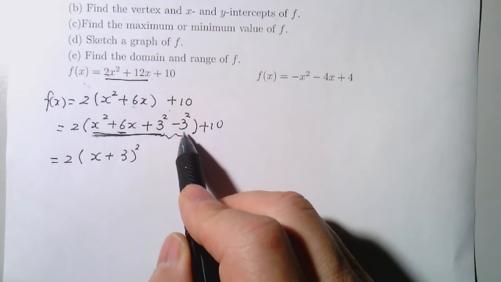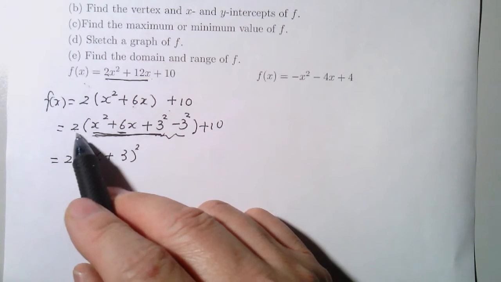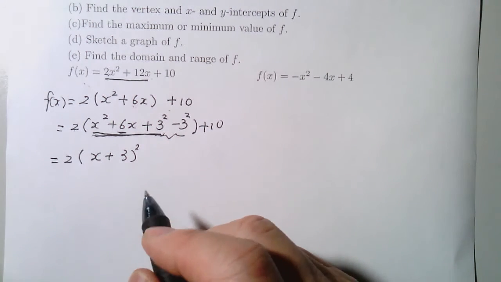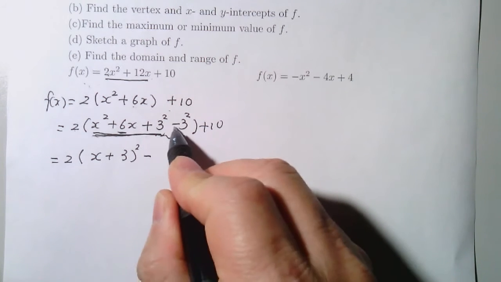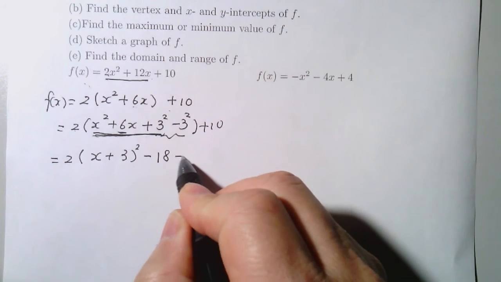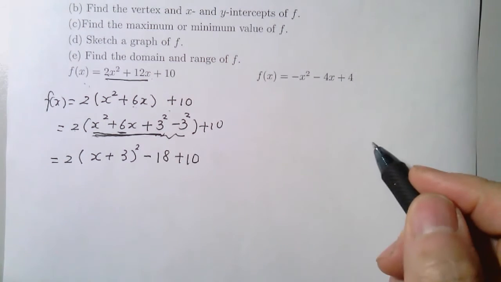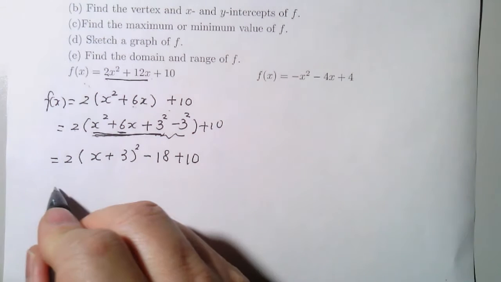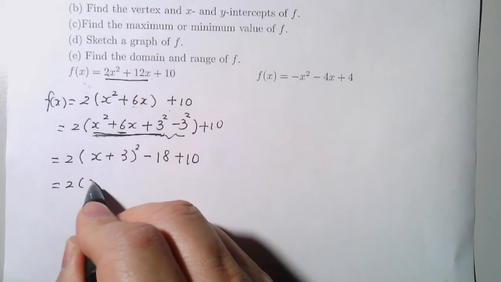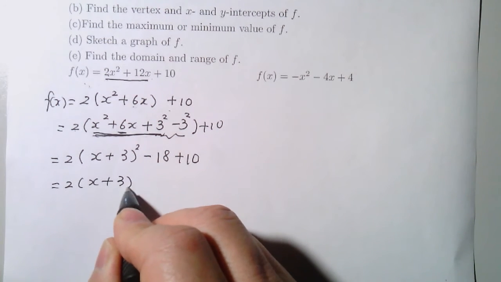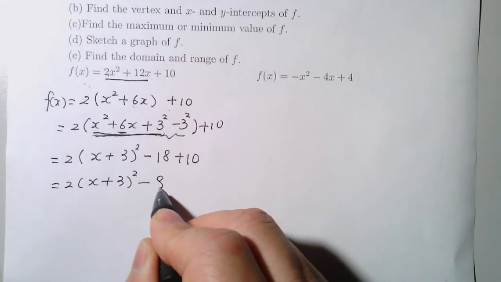That's 3 squared, which is 9. 2 times 9 is 18. So this is minus 18 plus 10. Here now you have 2(x plus 3) squared minus 8.